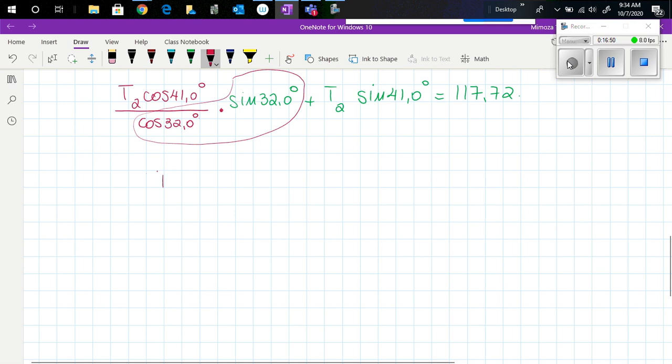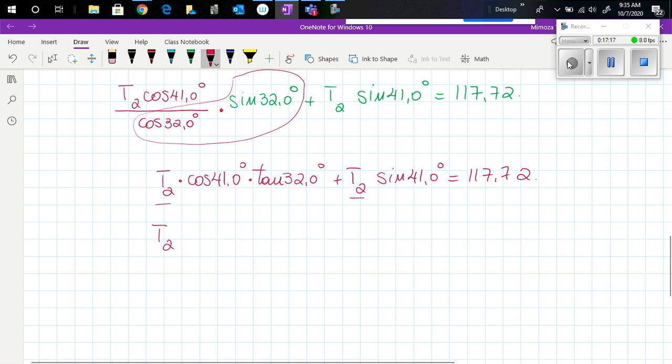So now T2 times cosine 41 times tangent 32 plus T2 sine 41 is equal to 117.72.